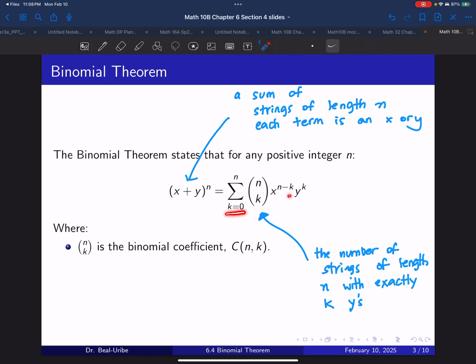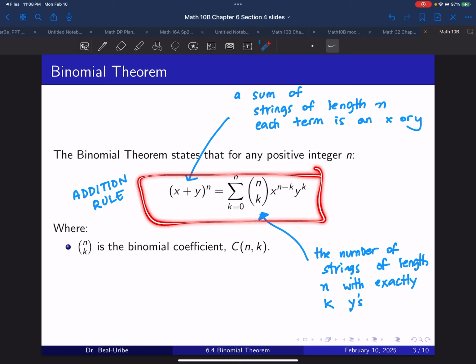And now we want all of the strings, right? Well, you can have 0 y's, you can have 1 y, you can have 2 y's, all the way up to n y's. So add them all up. This is really the addition rule. So that's the motivation. This is a statement of the binomial theorem.